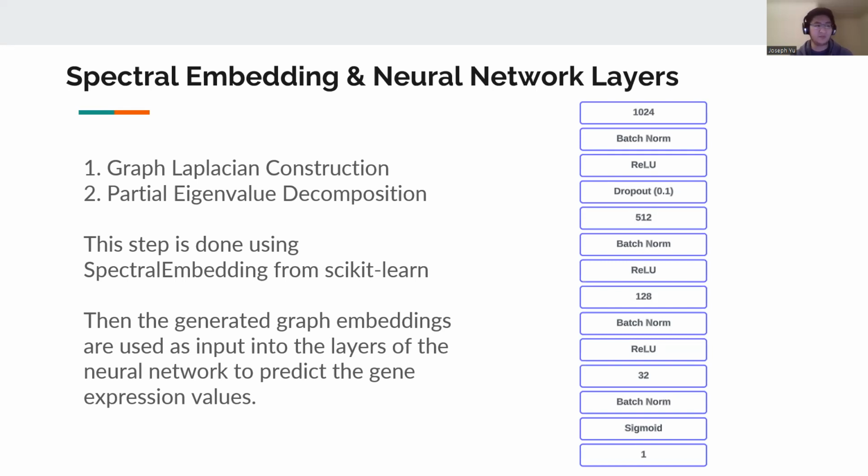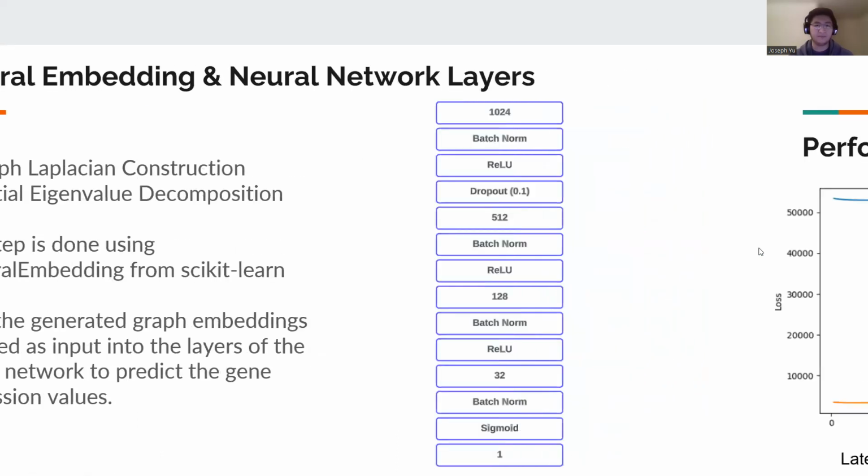And as you can see, we employ several techniques where we use dropout and also batch normalization at different layers to help us learn the graphical patterns better from the graph embeddings. And in the next slide, we'll show the performance of the model.